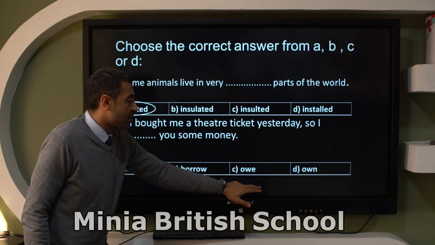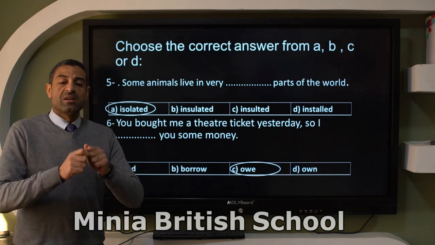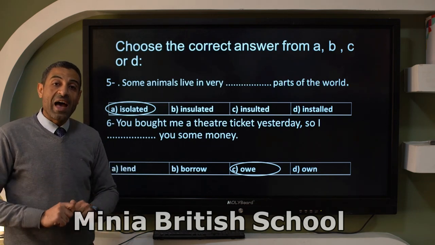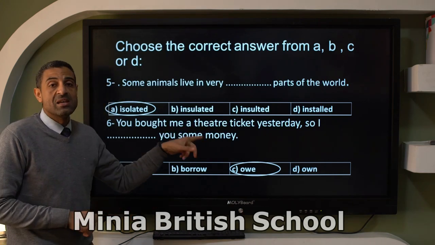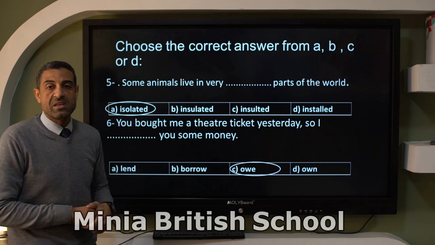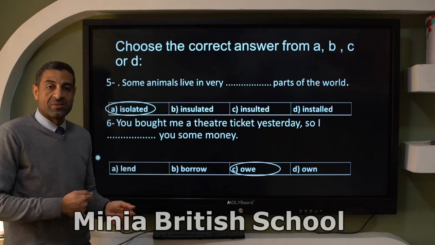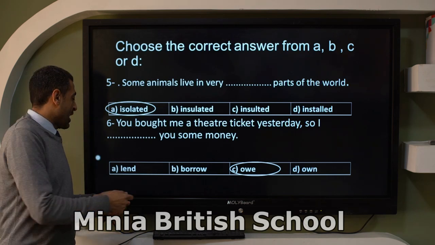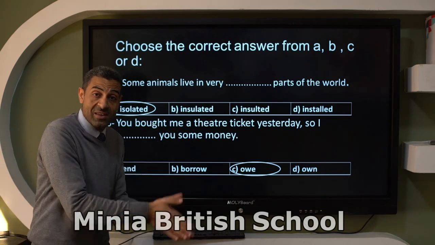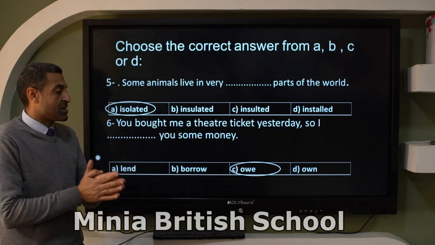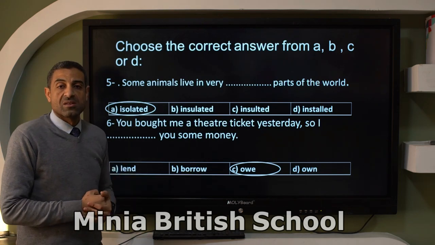Yes, this is the correct answer. I owe you some money is the amount of money that I have to pay to someone who bought me something. He didn't give me the money, so I cannot borrow it from him. And I cannot lend him some money because he has already paid for something for me, so I owe my friend some money.